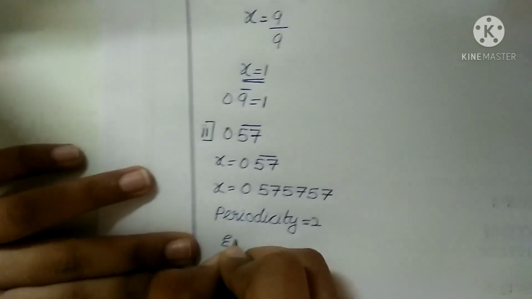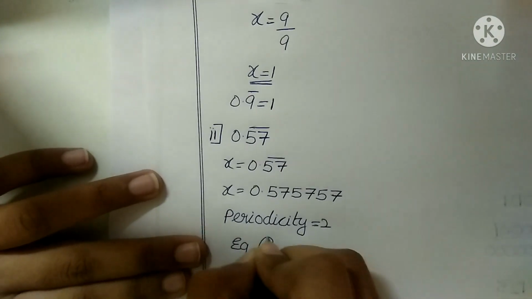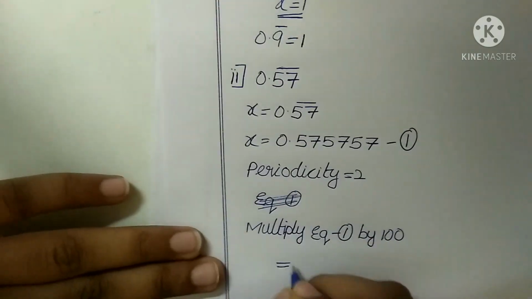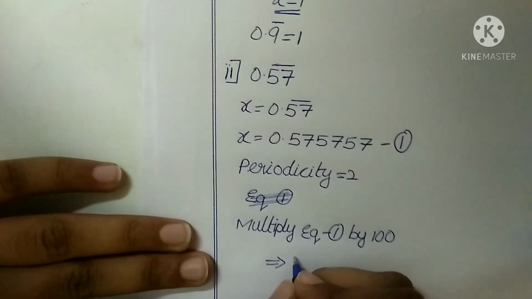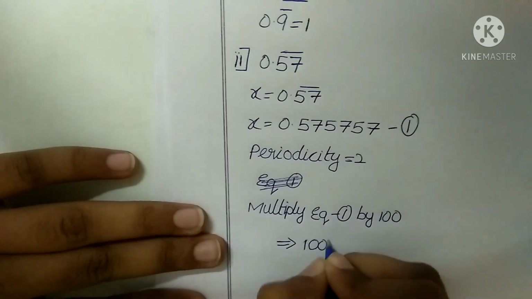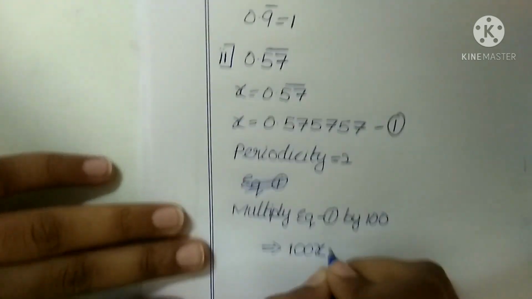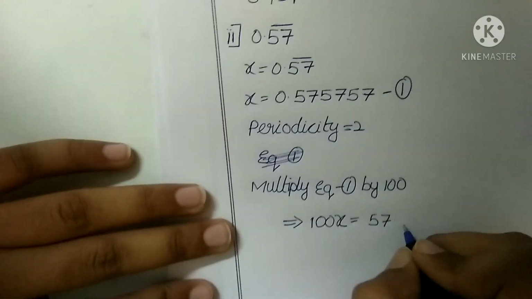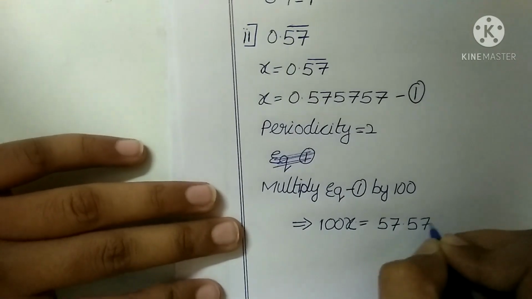So we should multiply by 100. By multiplying by 100, we get 100x equals 57.575757.